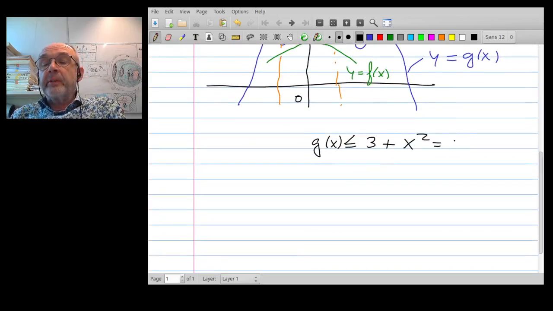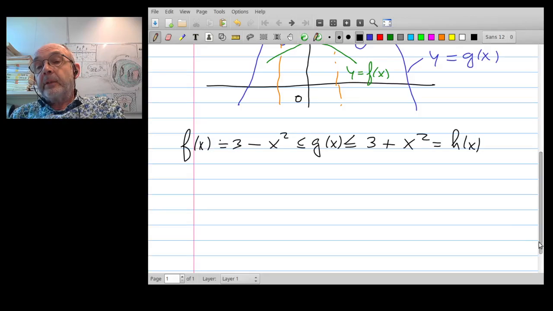We call that h of x. And for the lower boundary, we take 3 minus x squared. Now, your g is between them.